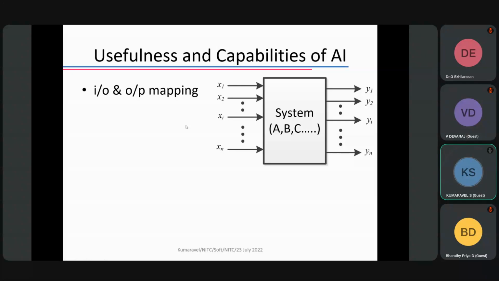Suppose you are going to teach how to use a remote controller to an elderly person. For example, assume that you are going to teach our elderly person, meaning our grandfather or grandmother. If you teach how to operate a remote controller, how will you teach them? Take a remote, press button 1.